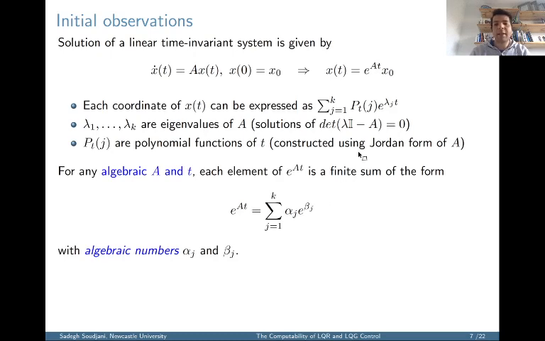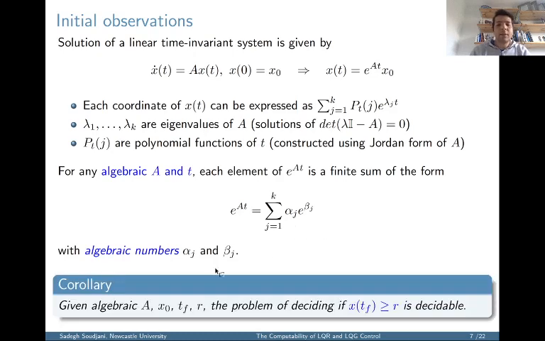Why is this the case? Because once we know that A is algebraic, the solution of this polynomial equation also becomes algebraic. So all these coefficients here are algebraic, the time point is algebraic, and the exponent here becomes an algebraic value. The same thing holds for the evaluation of these polynomials at an algebraic point in time.